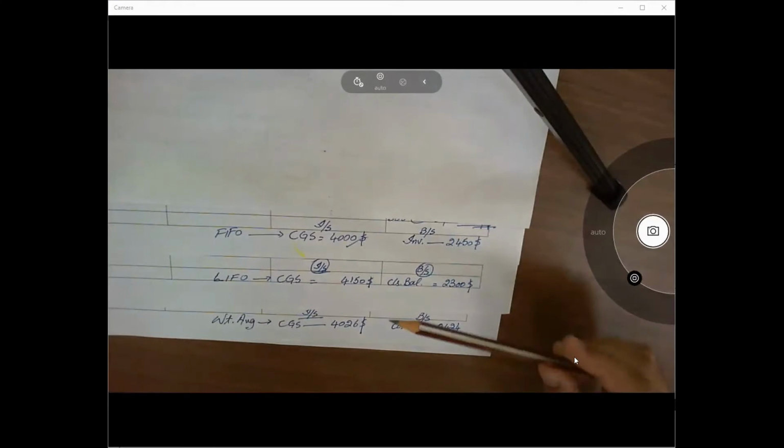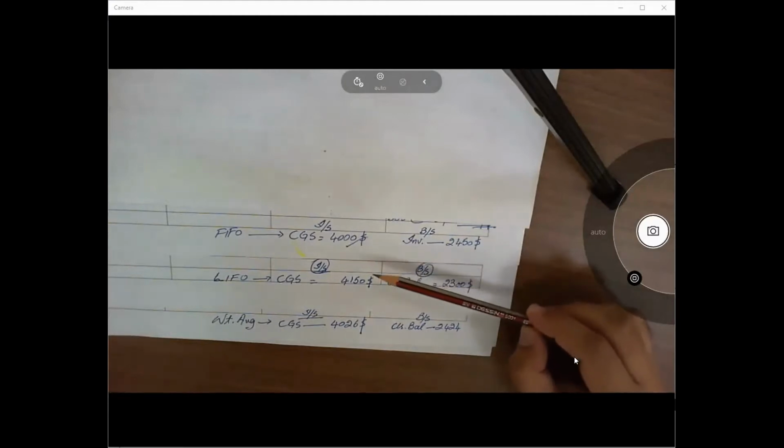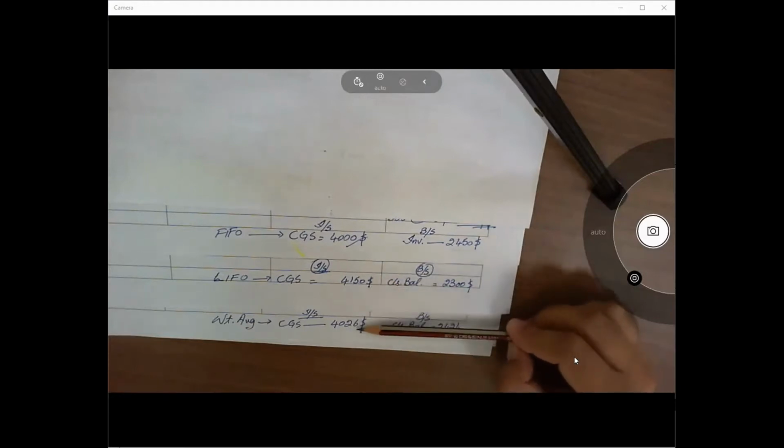This is weighted average. You can see over here, under the FIFO method, we are recording less expense as cost in our CGS as compared to LIFO and as compared to weighted average.